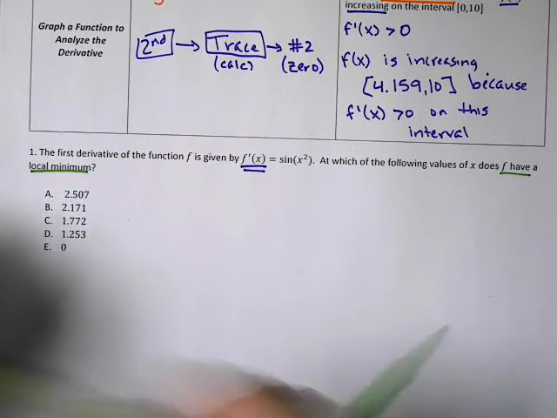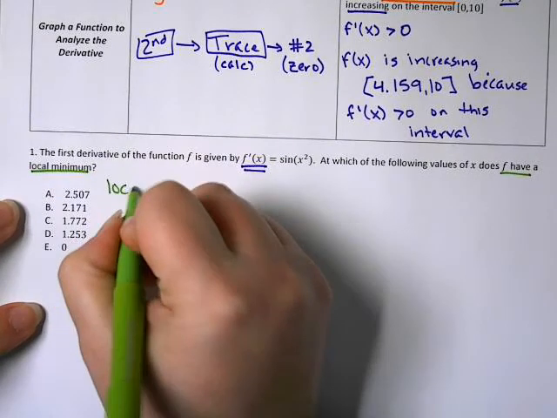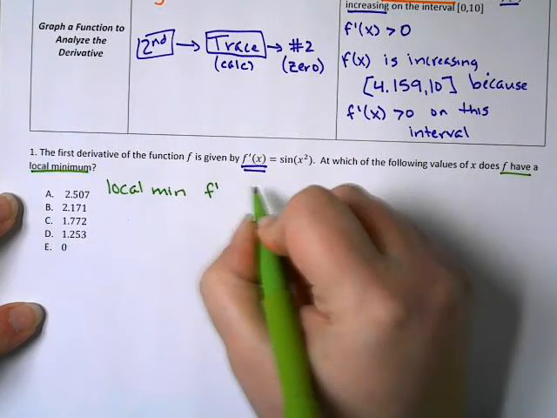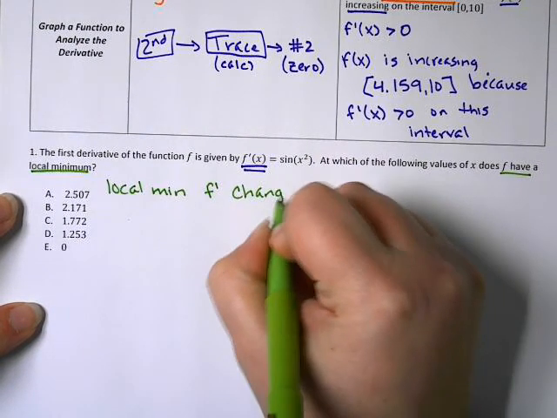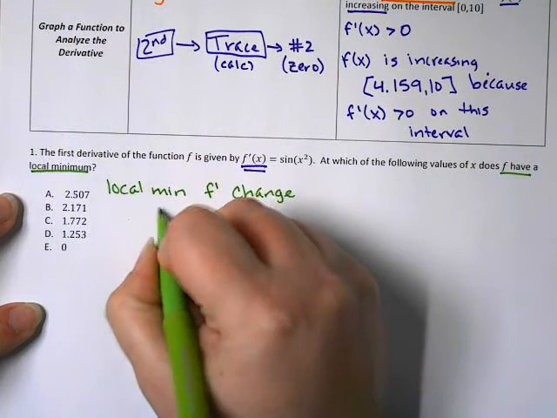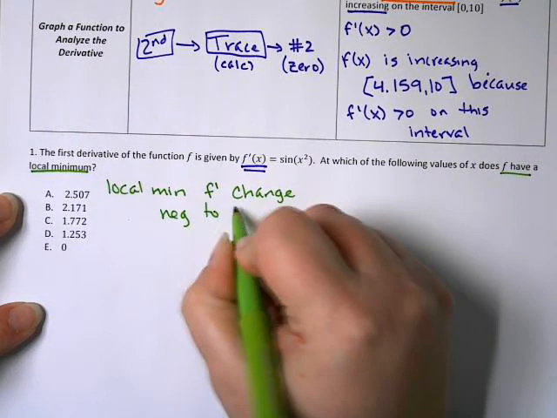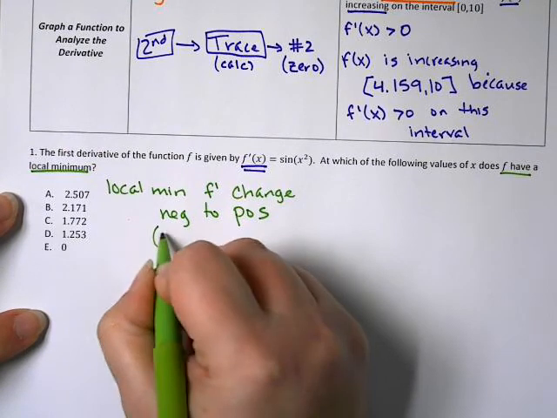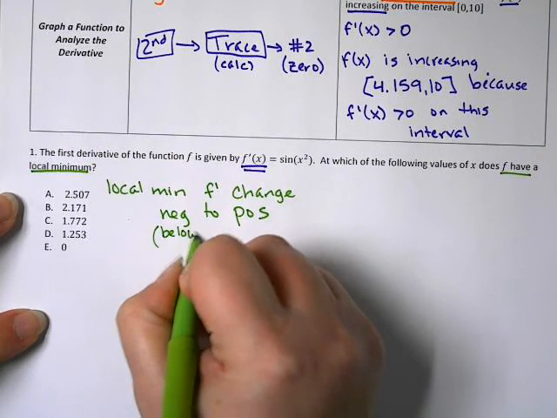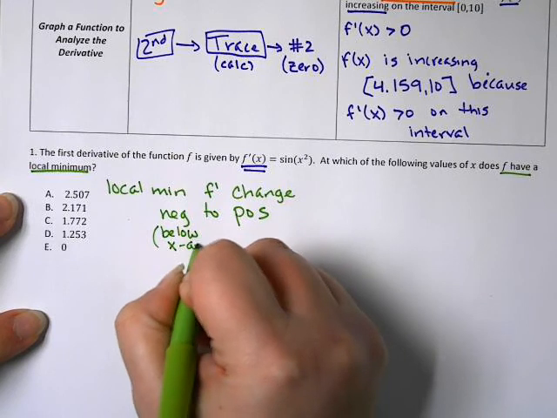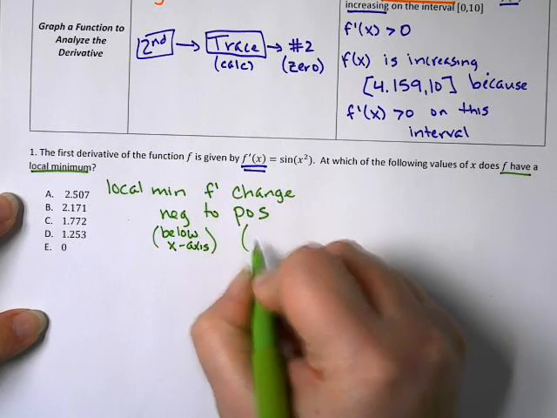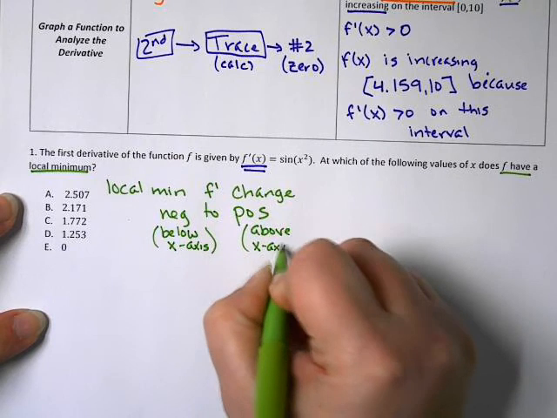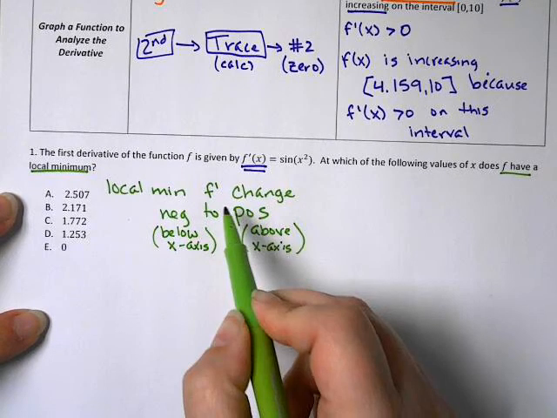Having a local minimum means that f prime has to change from negative to positive. In other words, it means that we went from below the x-axis to above the x-axis if we were looking at the graph of f prime.